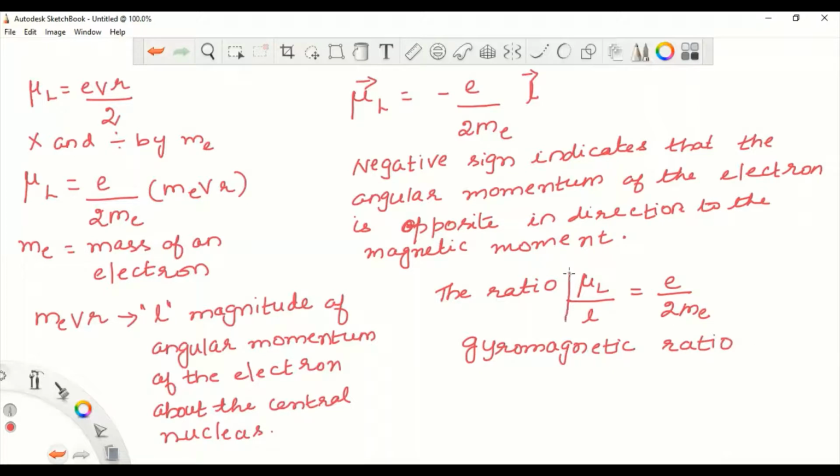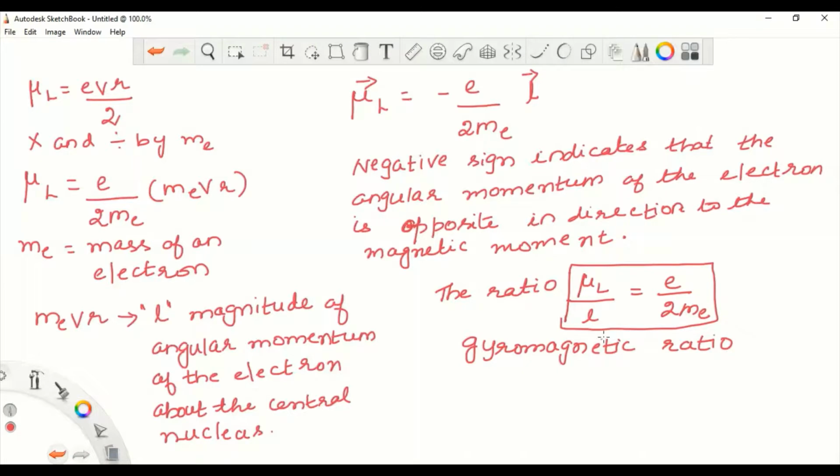You know what mu L is and what L is. L is the magnitude of the angular momentum. We can substitute the values of e and me: e is 1.6 into 10 power minus 19 and me is 9.11 into 10 power minus 31, the mass of the electron.